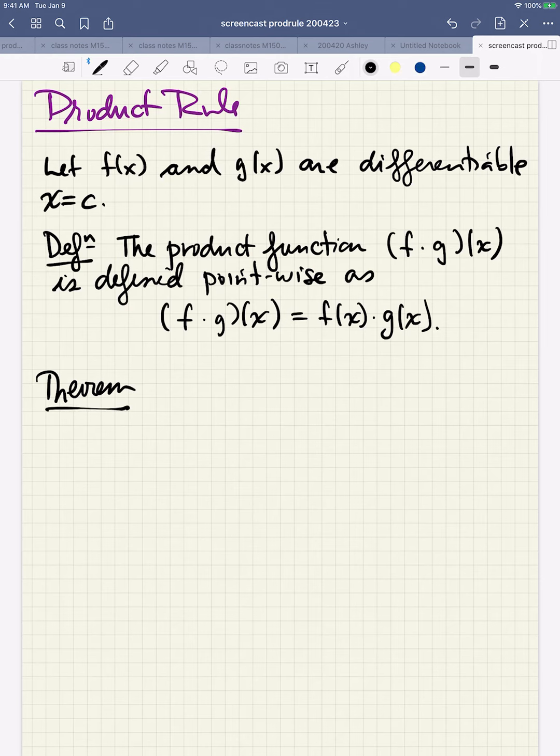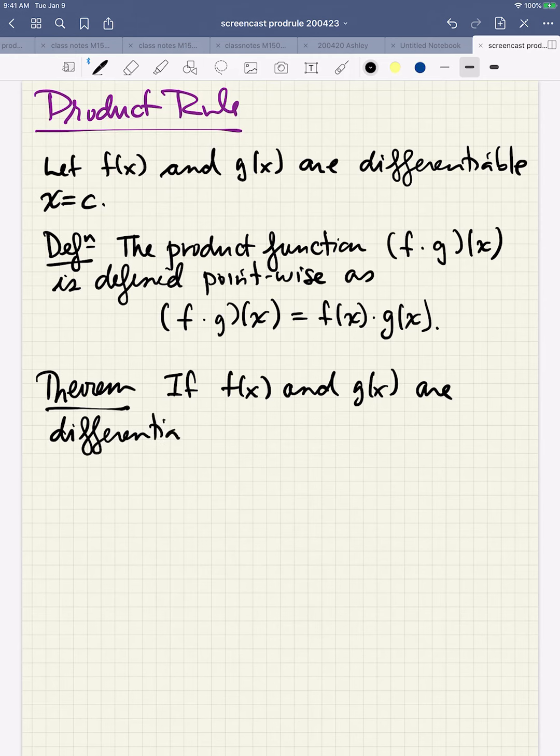It says this: if f of x and g of x are differentiable at x equals c, then so is the product function. That is, if f of x and g of x are both differentiable at x equals c, then the product function f times g is differentiable at c.